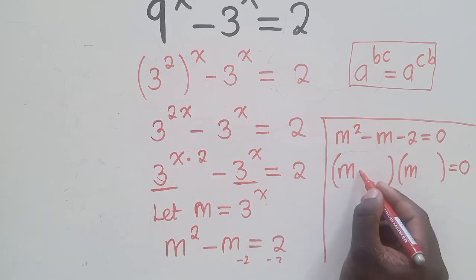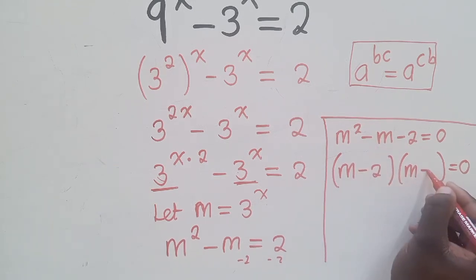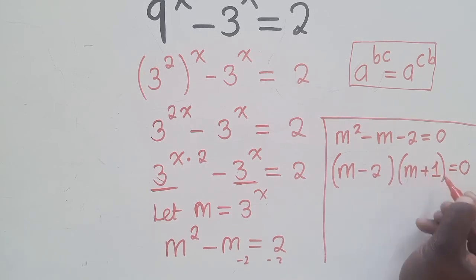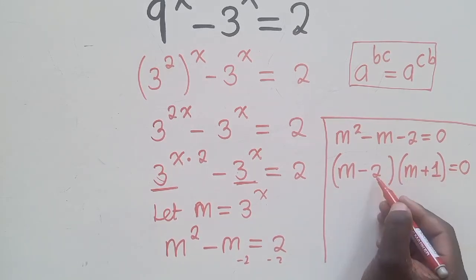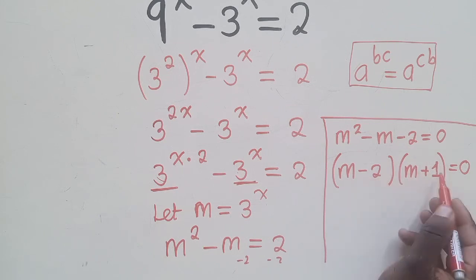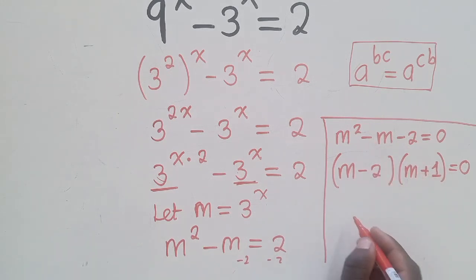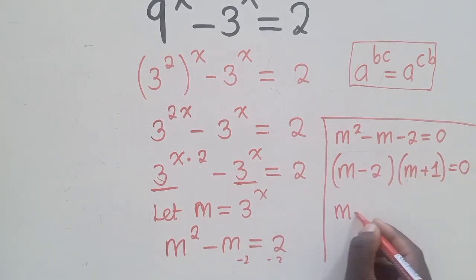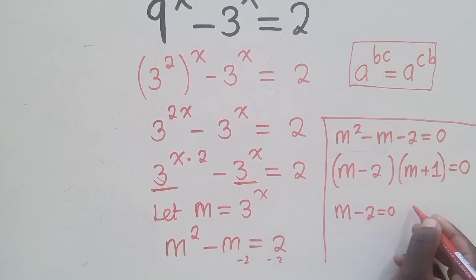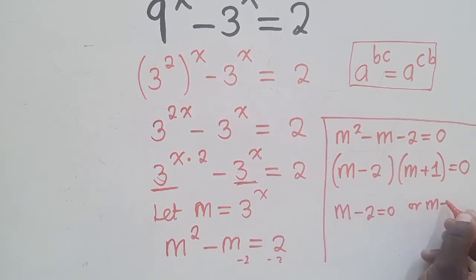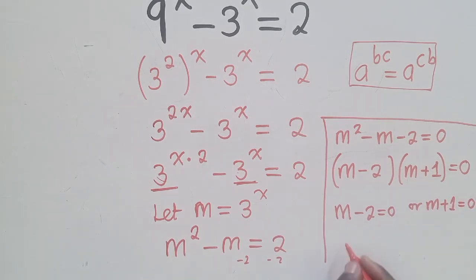Those two numbers are negative 2 and 1. So we say m minus 2 is equal to 0, or m plus 1 is equal to 0.